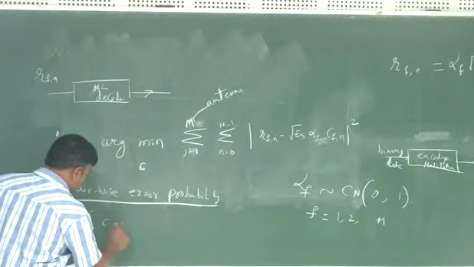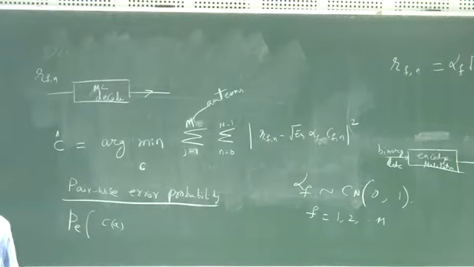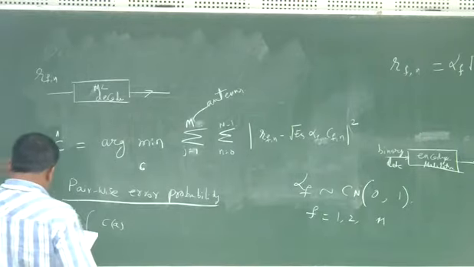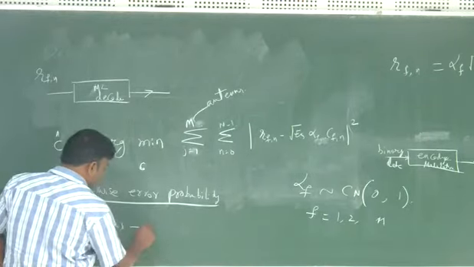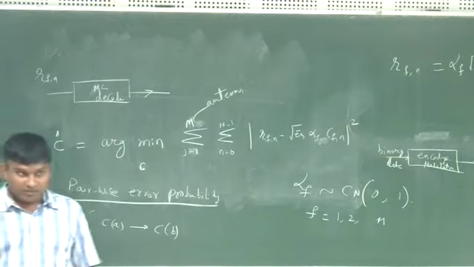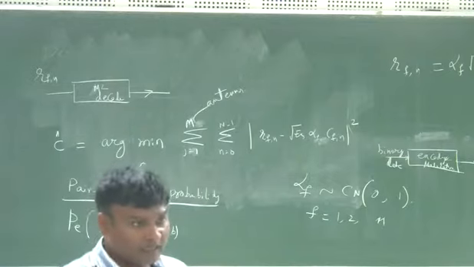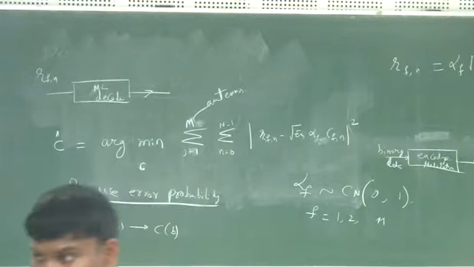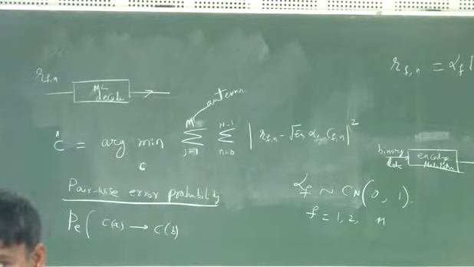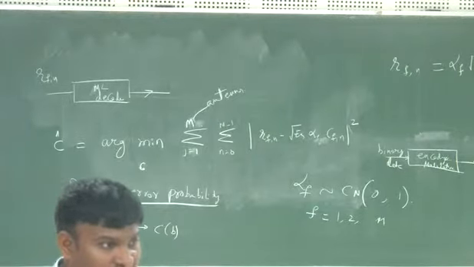So let us say the code word C of A has been transmitted, and then you decide in favor of C of B. Then the frame is in error, right? You transmit C of A and the receiver decides in favor of C of B. So basically, you transmit +1, the receiver decides in favor of -1, then there is an error.